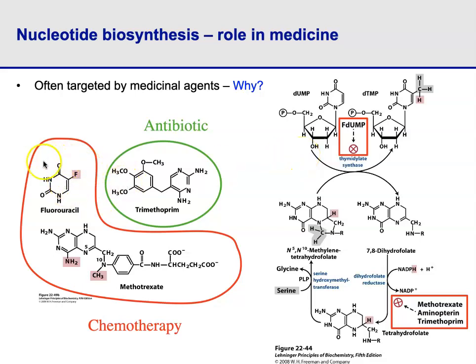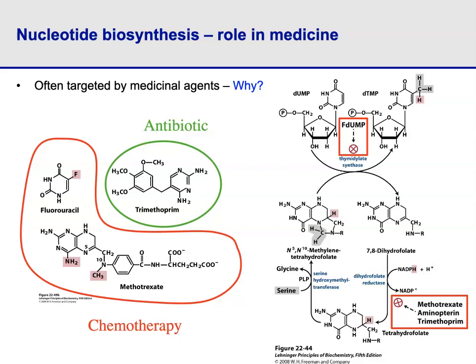One of these chemotherapeutics is 5-FU or 5-fluorouracil. This interesting chemotherapeutic, actually I've used it before in my research when we were doing transplant, doesn't really exert its function directly.